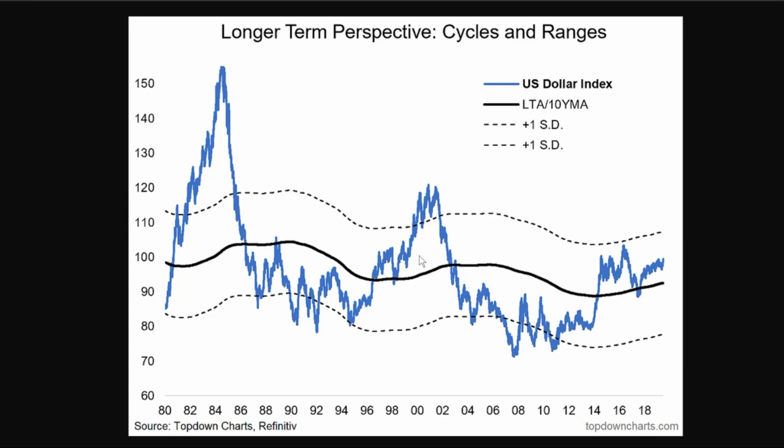But it's also quite a useful chart because we can talk about long-term cycles and ranges, but we can also talk about analogs. For example, there's plenty of examples where it had last gasp moves. One possible analog for the current situation is the late 90s. You had an initial break through that black line and then it came back down, only to charge back up and even a whole lot more.